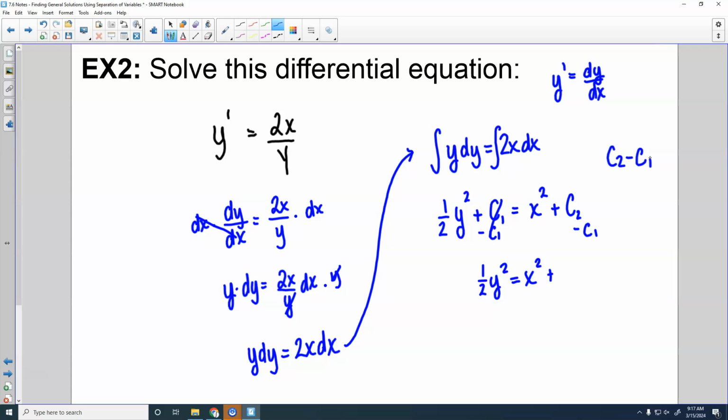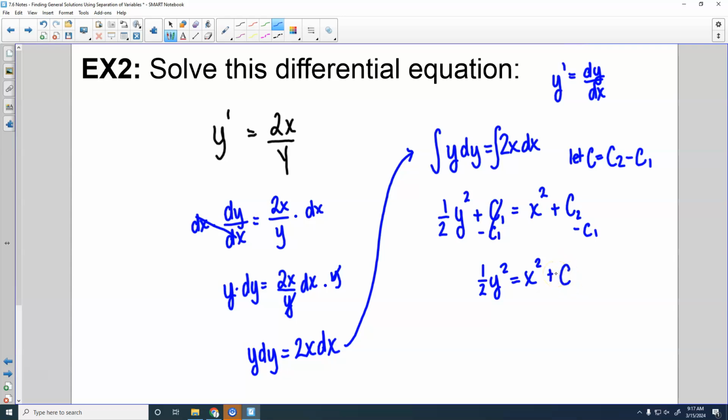But these are different unknown quantities. It's possible it's 0, but they might not both be the same number. So that's why I put the subscripts on those there. So it's still unknown. So I could let C, just regular C, equal C2 minus C1, and I'll just have my regular capital C there.